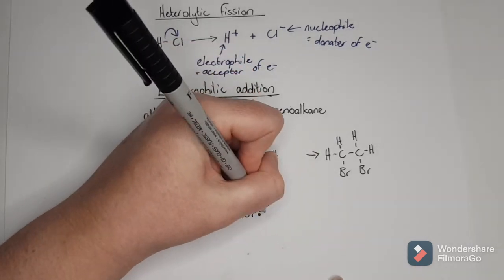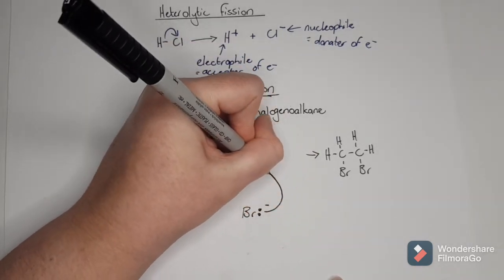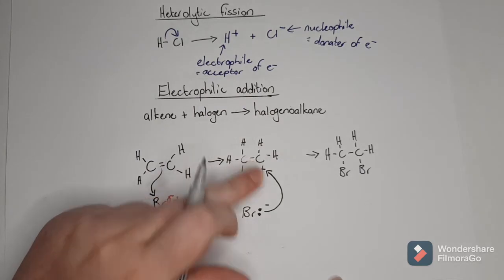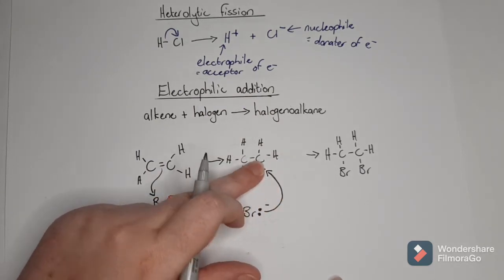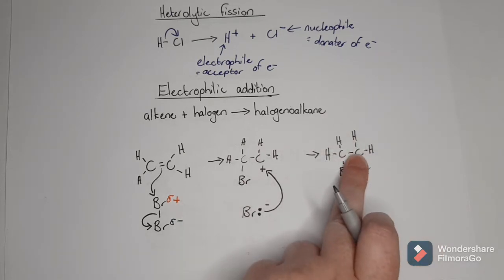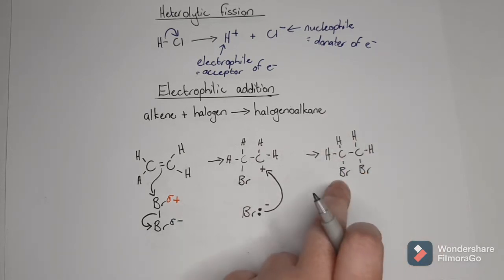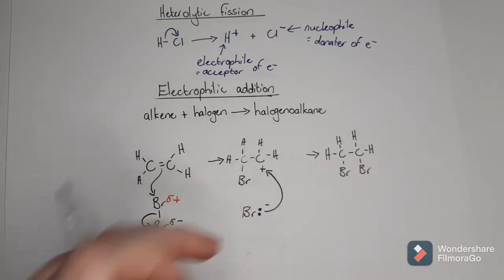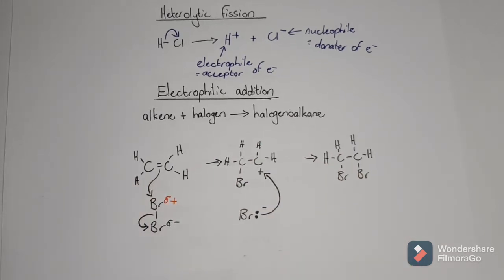So we draw an arrow from where the electrons are to where they can go. So from there to there. And that will end up with our final product where we broke our double bond and we added bromine to each side. So that's the mechanism for electrophilic addition.